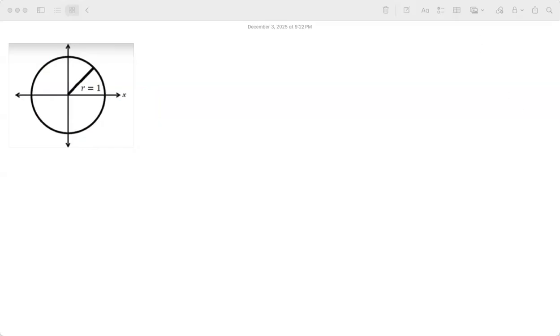Now, let's see this one. You know what pi radian is? What is the value of that? I forgot to tell you. I said this is 0, this is pi by 2, this is pi, this is 3 pi by 2, correct? Now, what is the value of pi? It's 3.14.